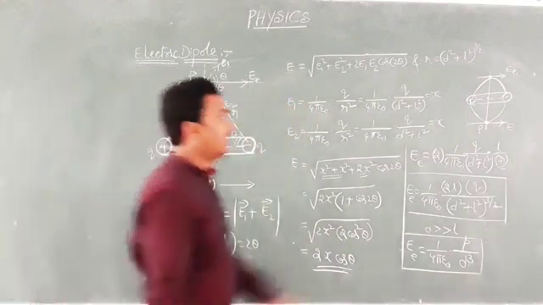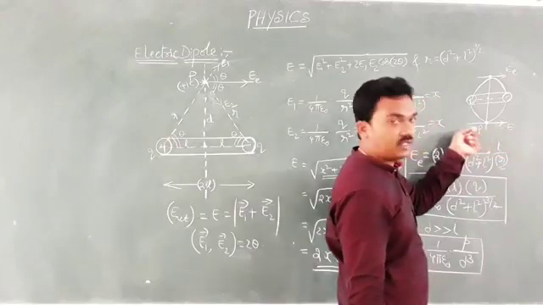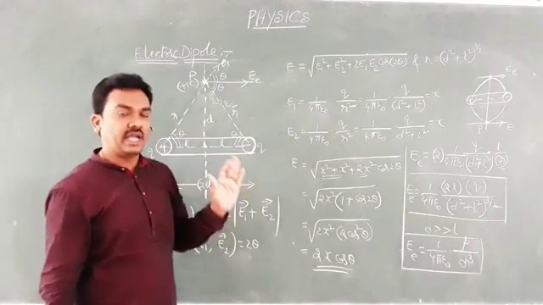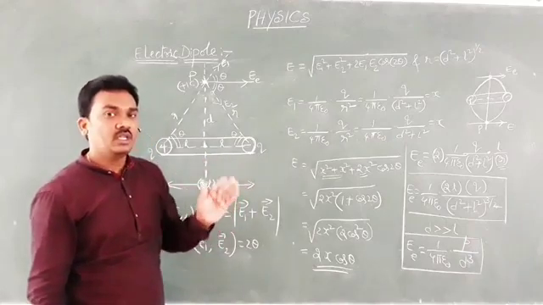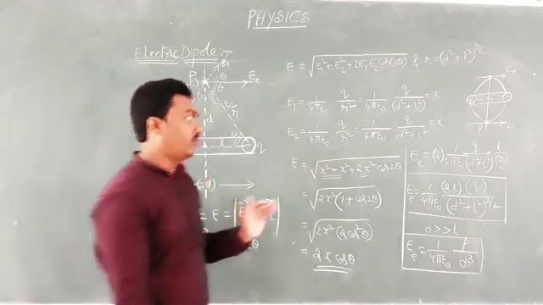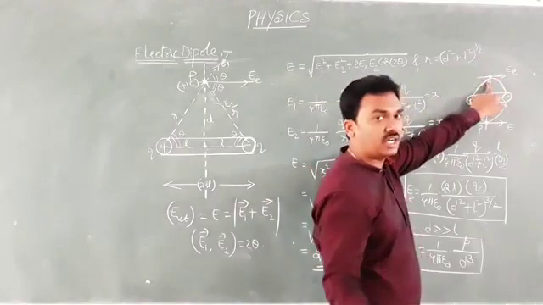Sir, how, sir? At this point if it is in this way, at this point it will not be in this way. No, that is what you need to understand, very important. The direction of electric field at a point on the equatorial line will be directed from positive to negative along the tangential direction.